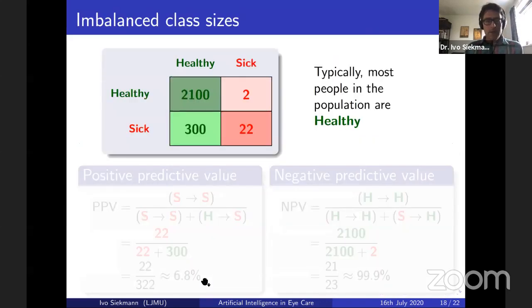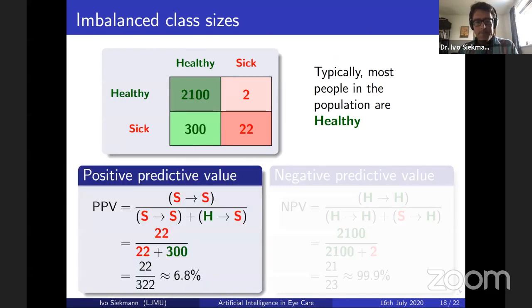Now, when we look in practice, I said that it is not easy to achieve this. In practice, often we have many more examples for healthy patients than for sick patients. So here I have simply multiplied the numbers in the healthy class by 100. And now we see a problem that the positive and the negative predictive value actually depend on the numbers of samples that we have in each class.